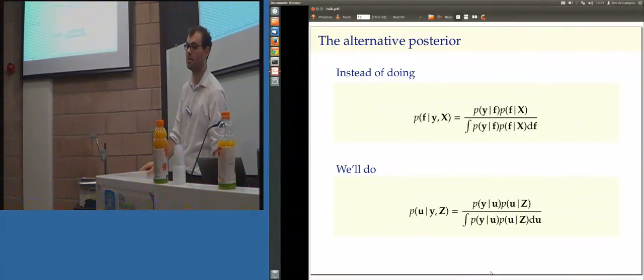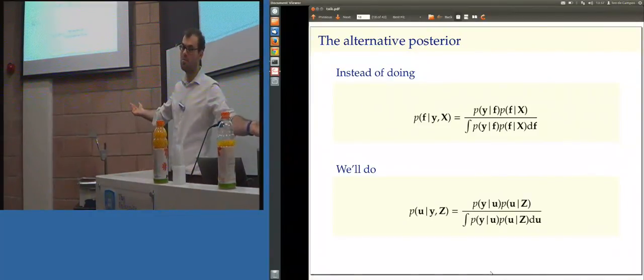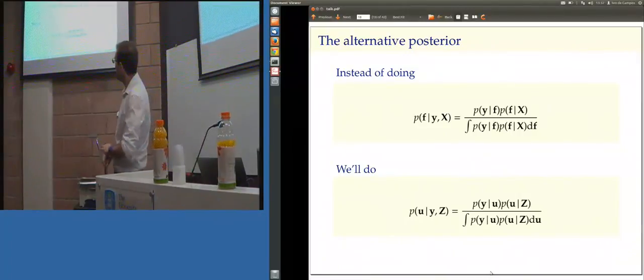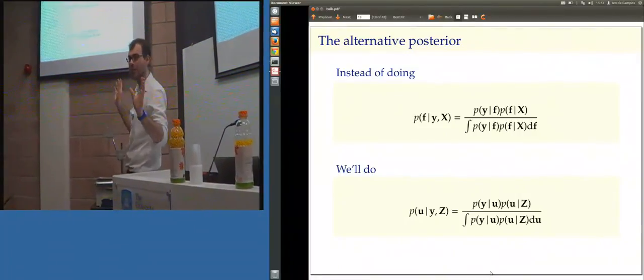So instead of observing the function value as something to store, you could observe the gradient of the function value and store that. Even though you never observe the function, you might well say, it's good to know the gradient here. And you could do any kind of multiple output. It just has to be correlated with the thing you want to store. Yeah, absolutely. So we're going to write down p of y given u, and then p of u, and it looks exactly the same as Gaussian process inference, right?